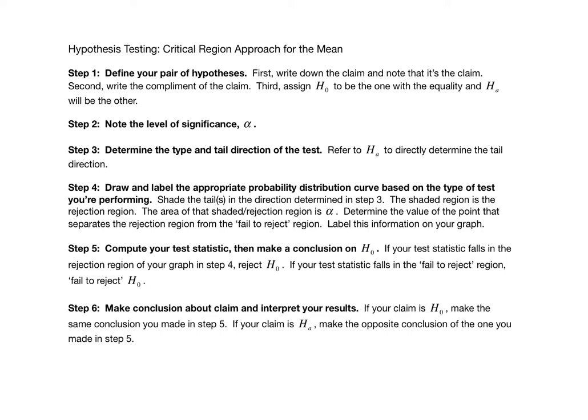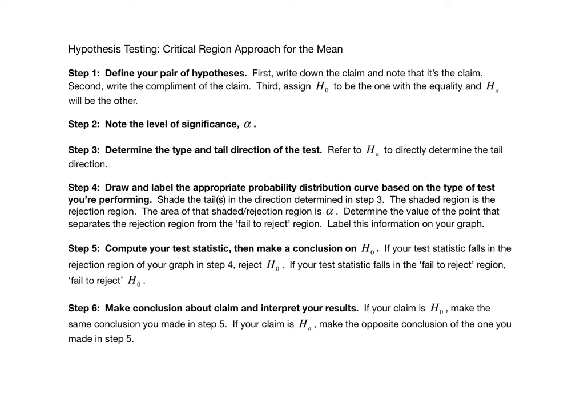That's why we focus here on whether we should be rejecting the null hypothesis or whether we should fail to reject the null hypothesis. Once you've done this, we then need to go back and make a conclusion about the claim and interpret our results. So just because, let's say, for example, that you're supposed to reject the null hypothesis according to your test, that doesn't mean you're going to reject the claim necessarily. If your claim is the null hypothesis, then yes, you would do the same thing.